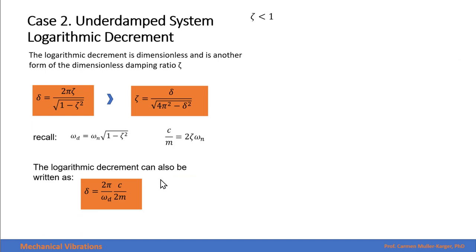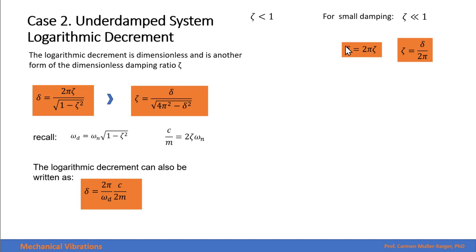We can also write the logarithmic decrement in terms of the damper coefficient and the mass, like that. And for very small values of the damping ratio, we can see that this becomes 2 pi zeta.